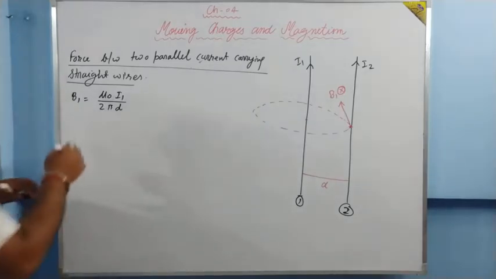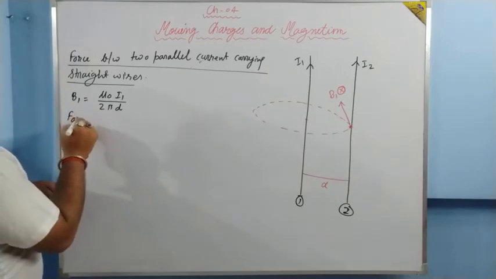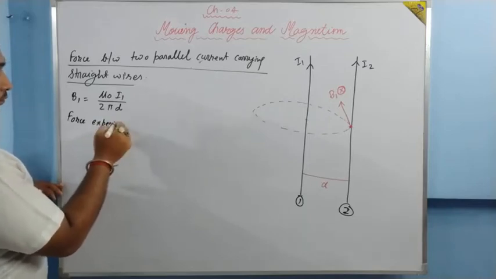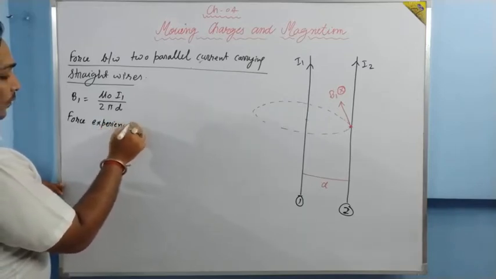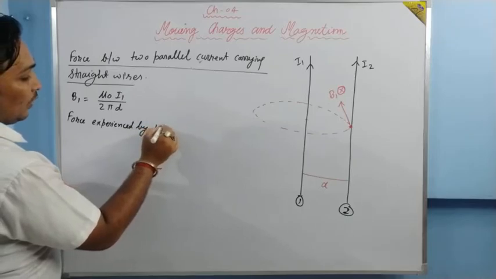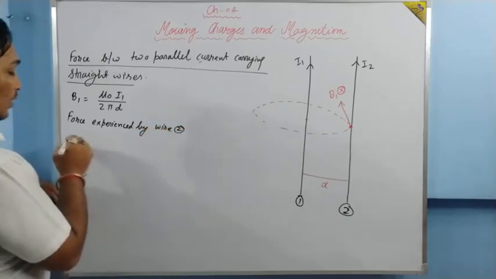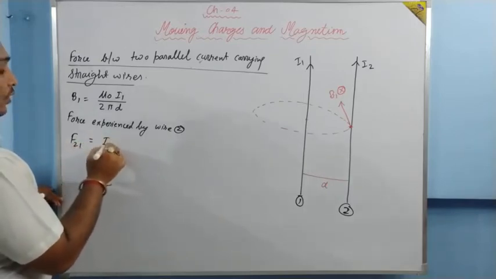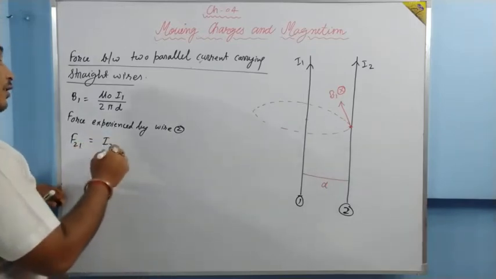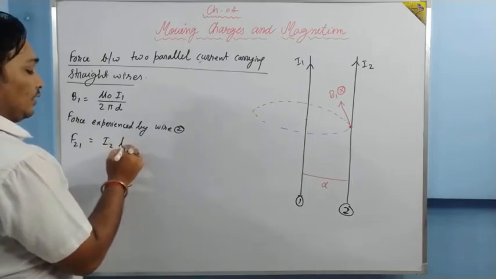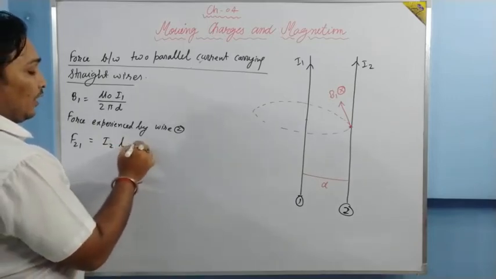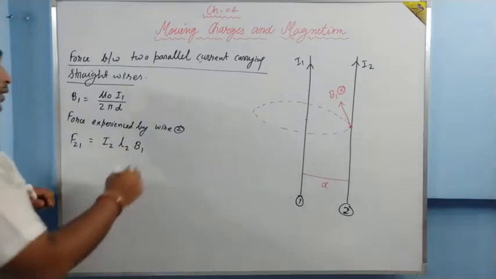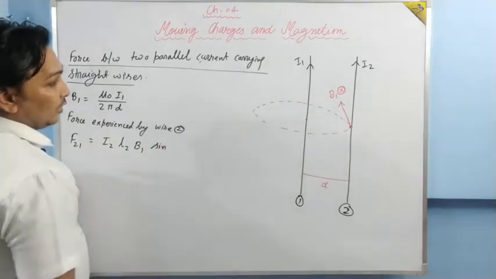Now, the force experienced by wire 2, F21, force on 2 due to 1, is equal to the current in the wire I2, the length of the wire, say L2, and the magnetic field acting over there, B1, and lastly sine of the angle.